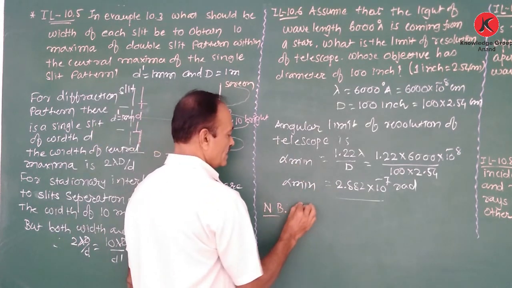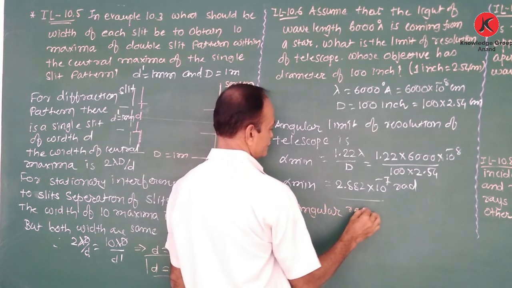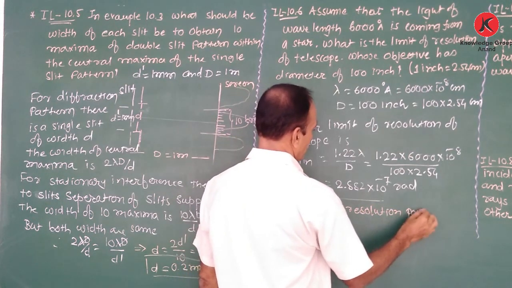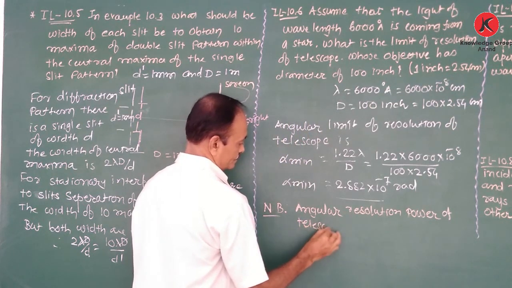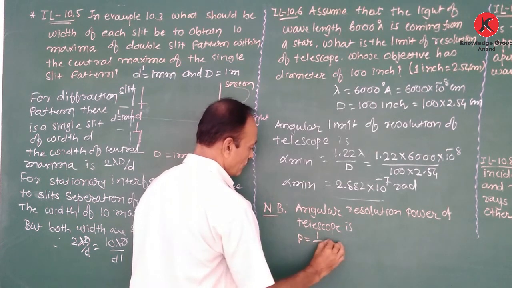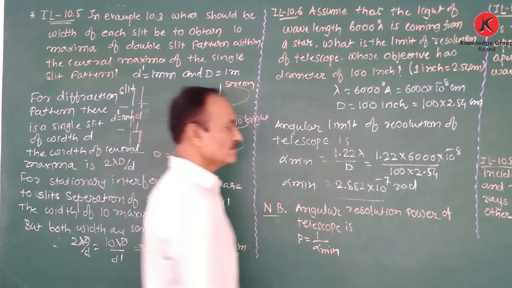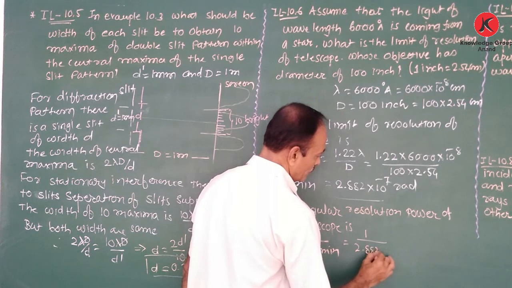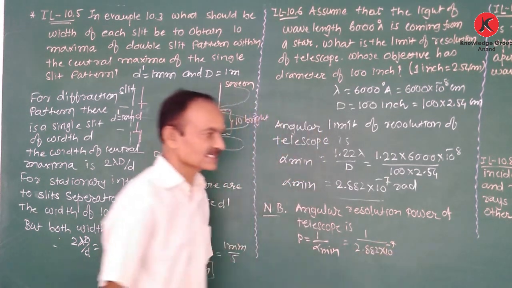Therefore, the angular resolution power of a telescope is P equal to 1 upon alpha minimum, which is 1 upon 2.882 into 10 to the power minus 7.